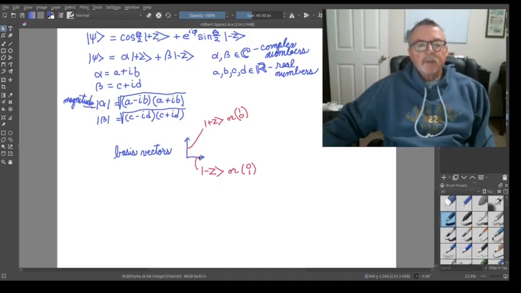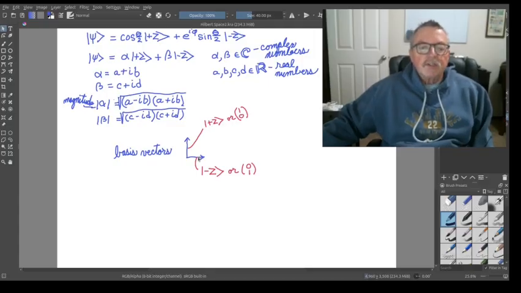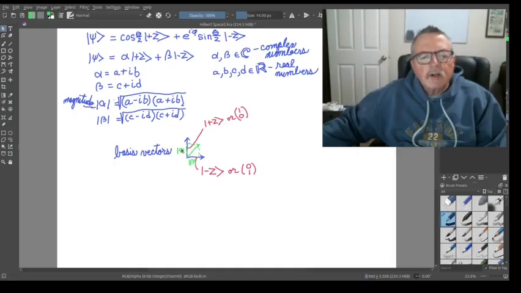Now, the relative magnitude is what determines the state. Just the relative magnitudes determine the state. So that means, well, I guess I will allow myself to draw a little bit more. Here's the alpha, and I've got the magnitude signs around it. And here's the beta with the magnitude signs around it. And here I go out this way. Here's the dimension of this arrow.